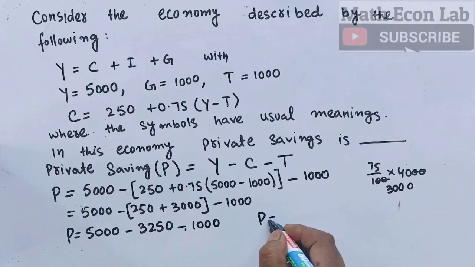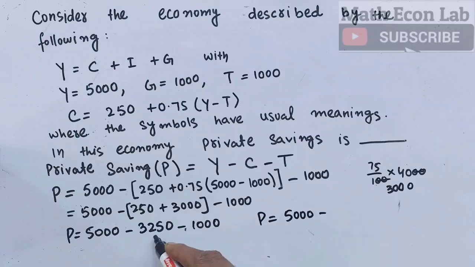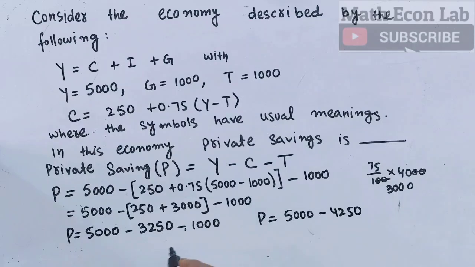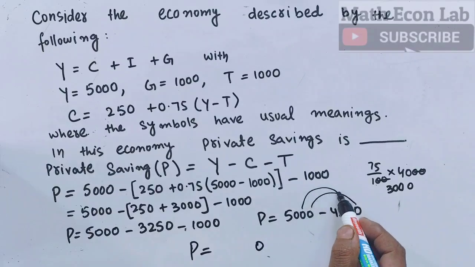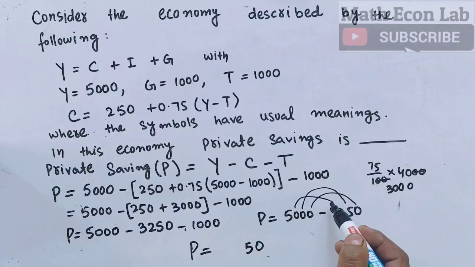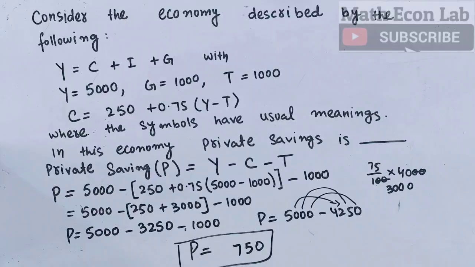So private savings will be equal to 5,000 minus, let's add these two, 4,250. So private savings in this economy will be equal to 750.